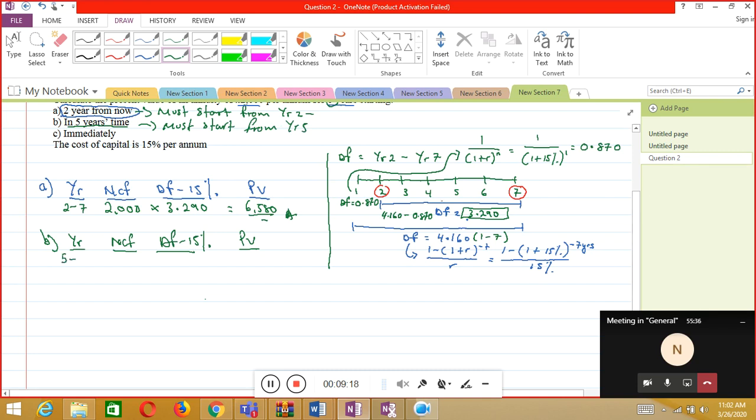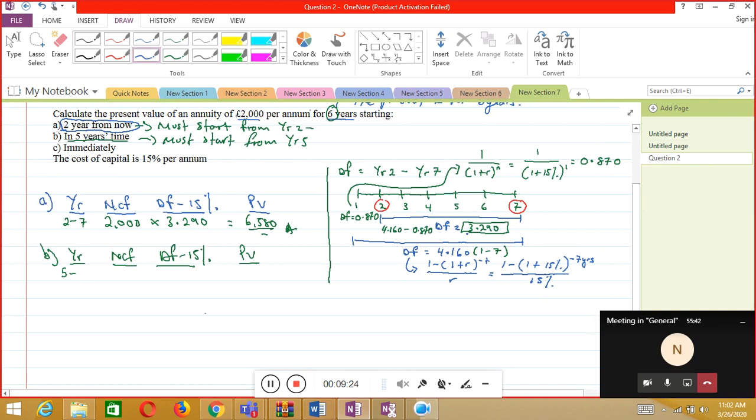But remember, the project is how many years? 6 years. Okay, always go back to the question and check. The project is 6 years, don't forget that. So 5 years from now means tambah lagi 6 tahun. So berapa? So you just count lah, 5, 6, 7, 8, 9, 10.